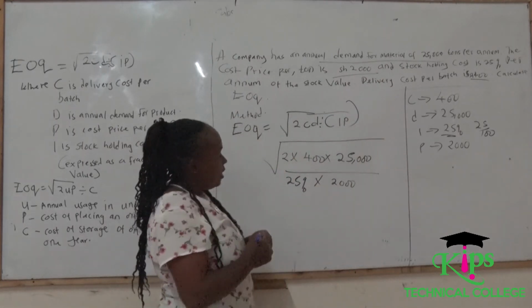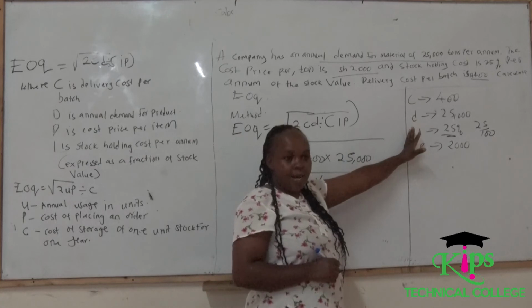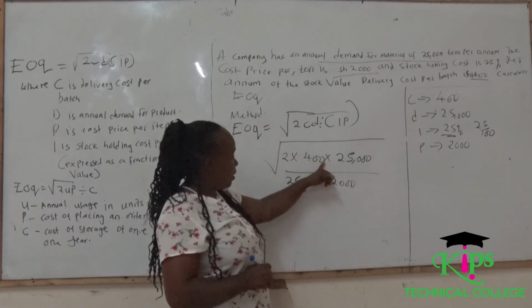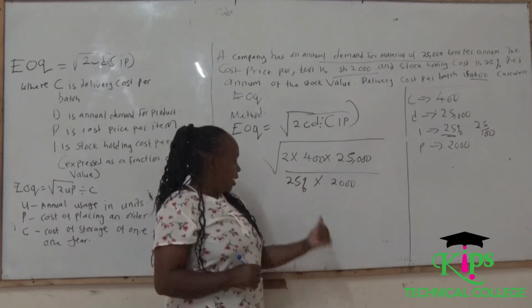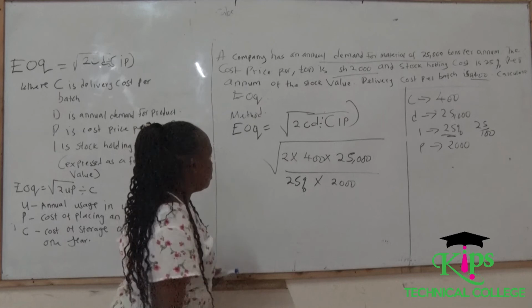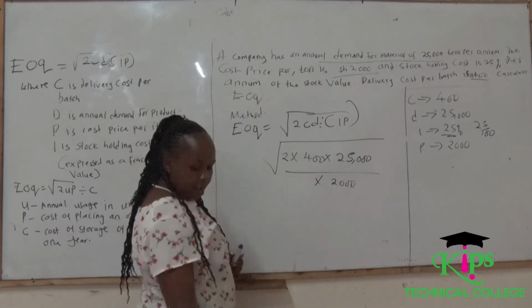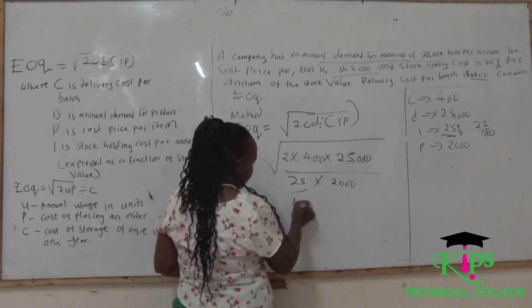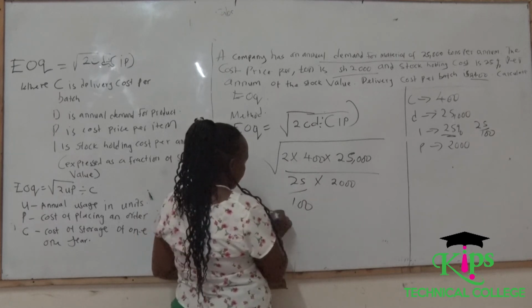Having identified that, it is easier for us to calculate. We write 2 multiplied by 400 multiplied by 25,000, divided by 25 over 100, and remember it is all in the square root.